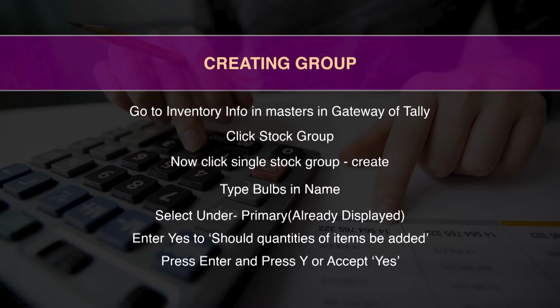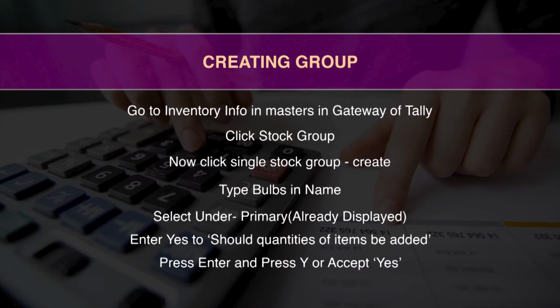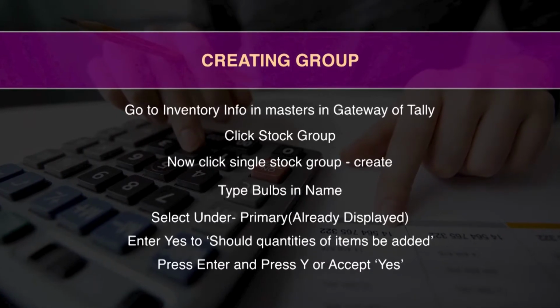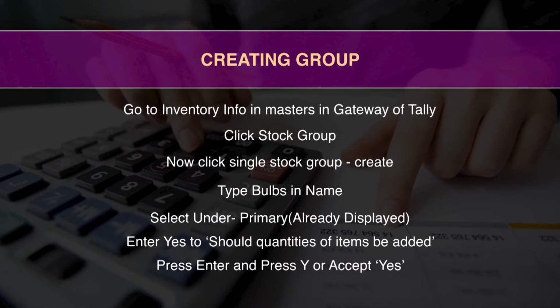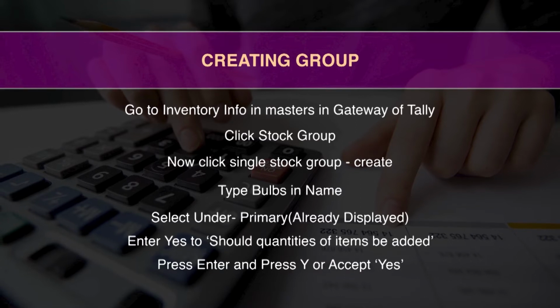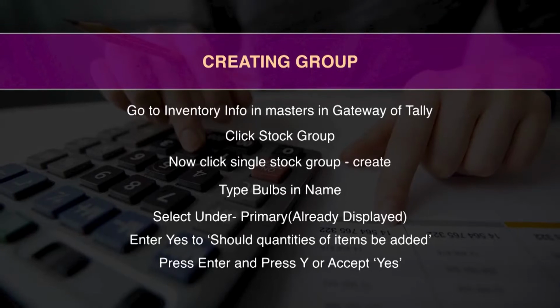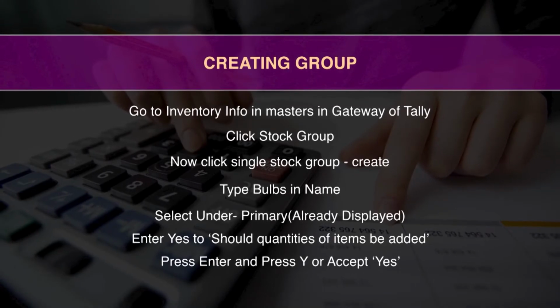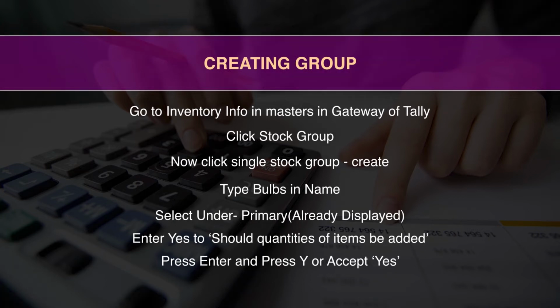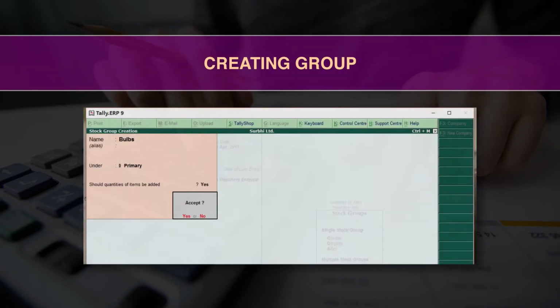Then we will press enter and again the accept will appear on our screen. Press Y from the keyboard or take your cursor towards the yes and click on it. Once you click Y, yes, or you press Y from the keyboard, the group will be created. On the screen now you can see stock group creation.